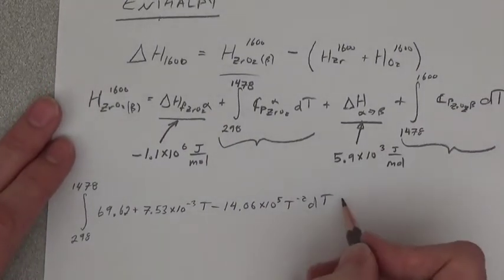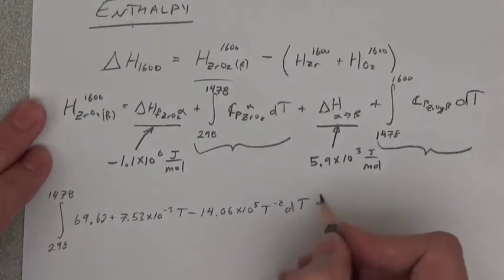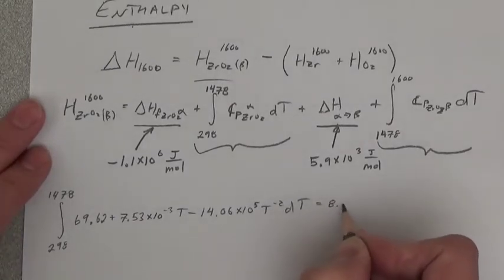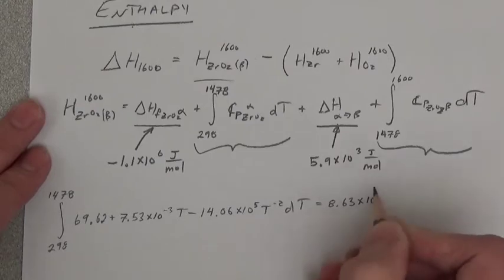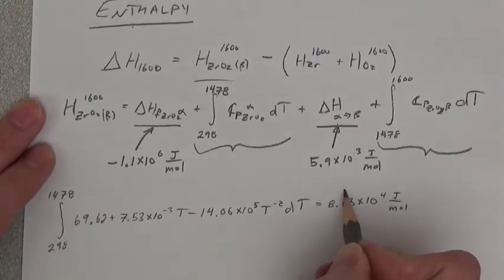And integrating this, we get 8.63 times 10 to the 4 joule per mole. So that's going to go into there.